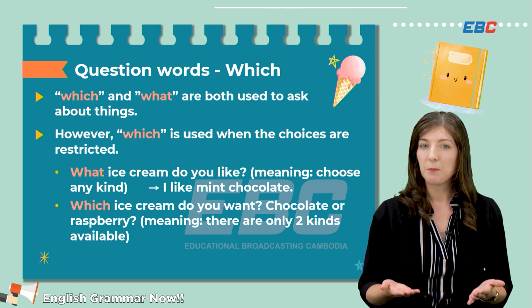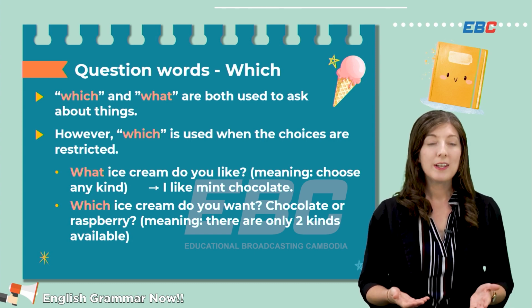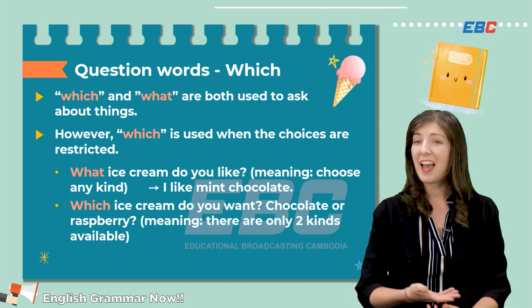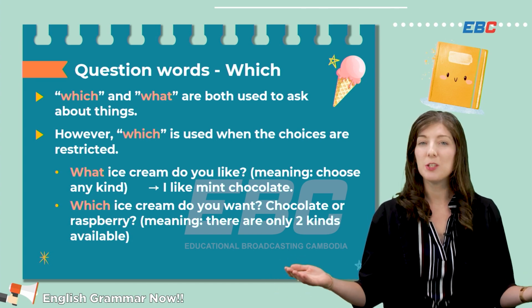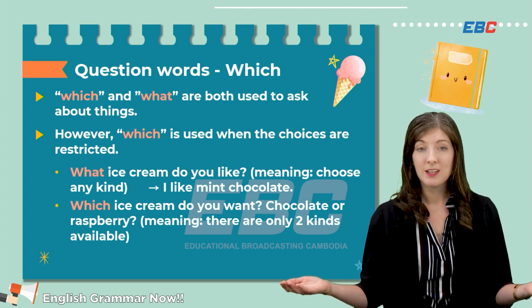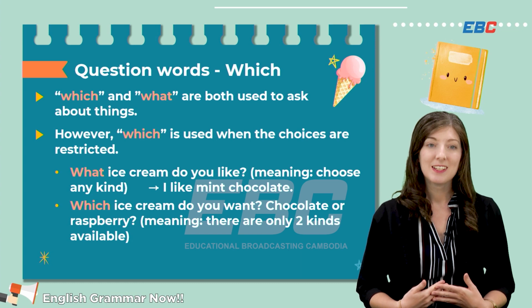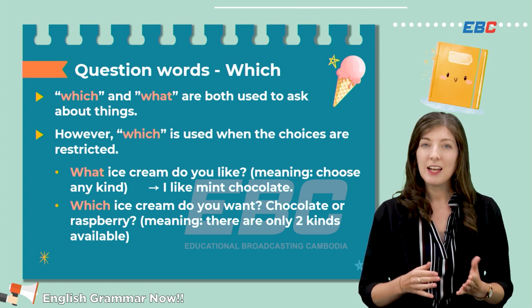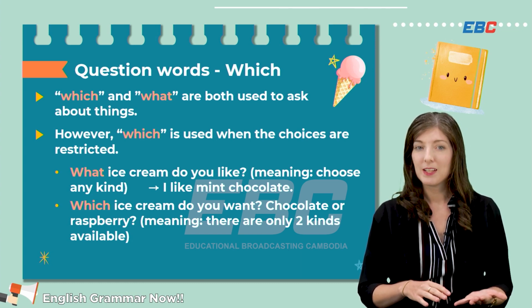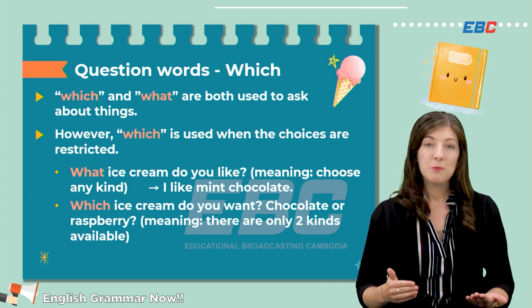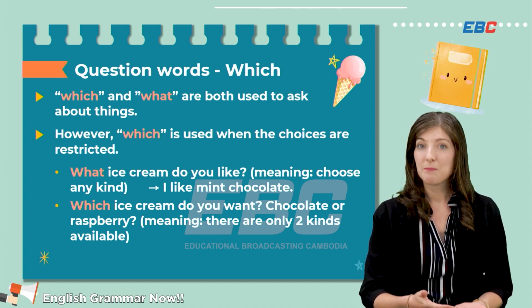For example, if you said, what ice cream do you like? The meaning is you can choose any kind. Anything you know about, you can choose. So we might answer it by saying, I like mint chocolate. But if you ask a slightly different question, like, which ice cream do you want? You might also give the choices.